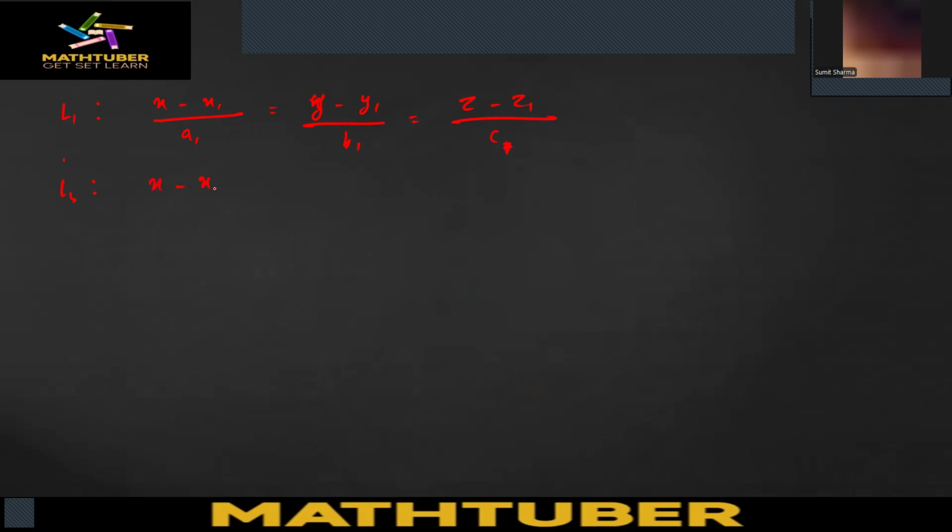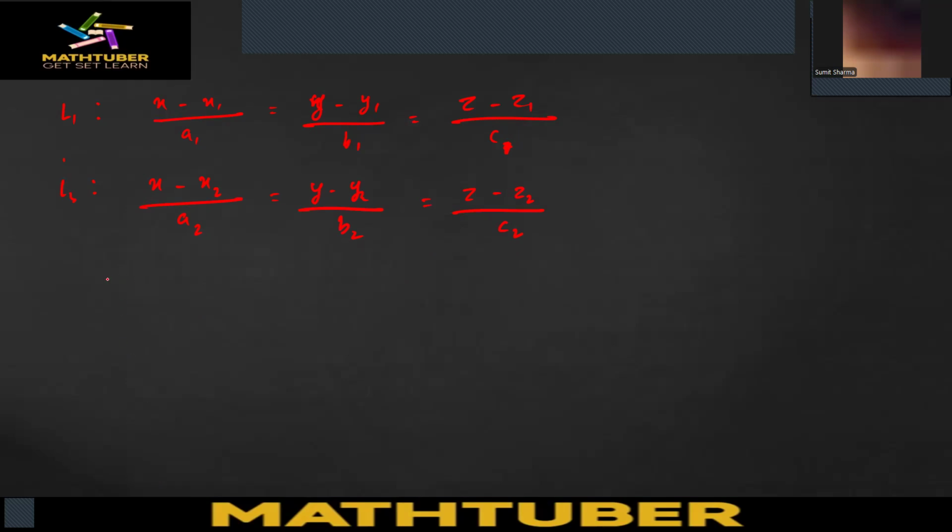Similarly, L2 is given as x minus x2 upon a2, y minus y2 upon b2, and z minus z2 upon c2. So this a1, b1, c1 are the coordinates for the b1 vector, and a2, b2, c2 are the coordinates for the b2 vector, right?